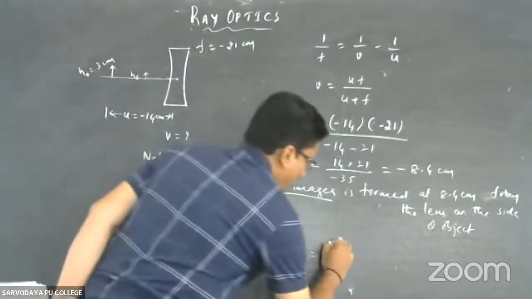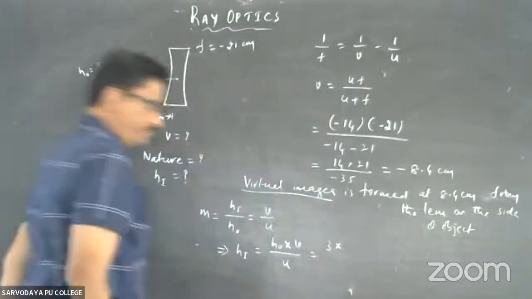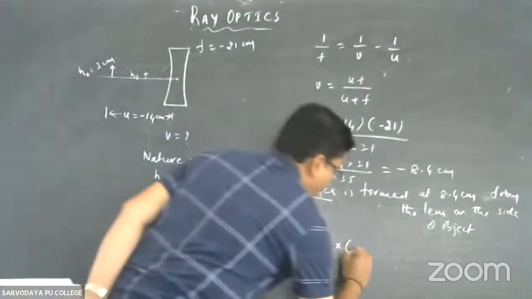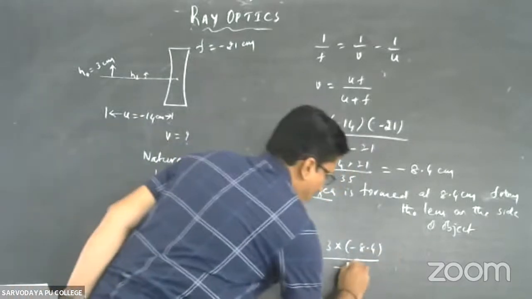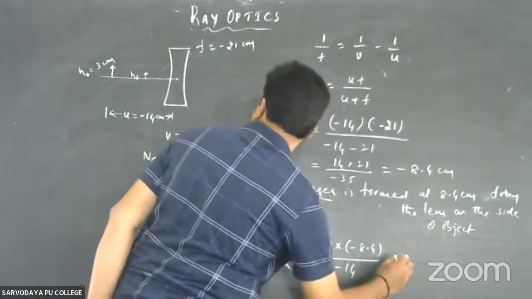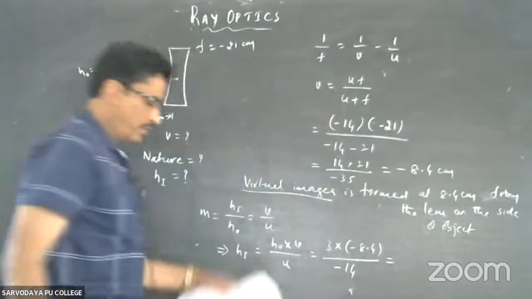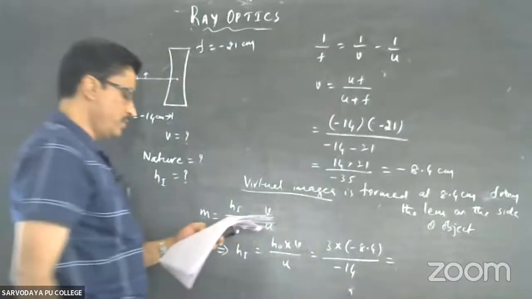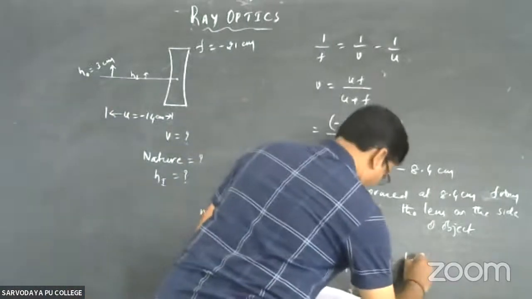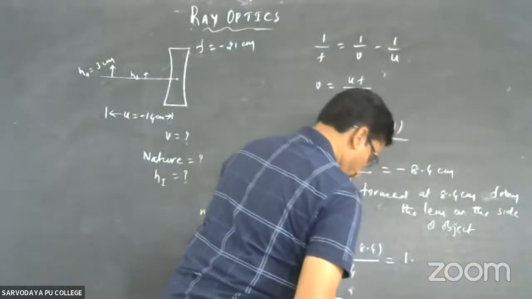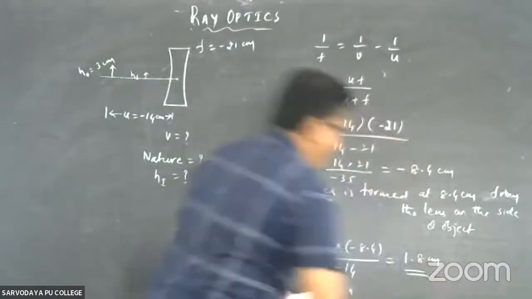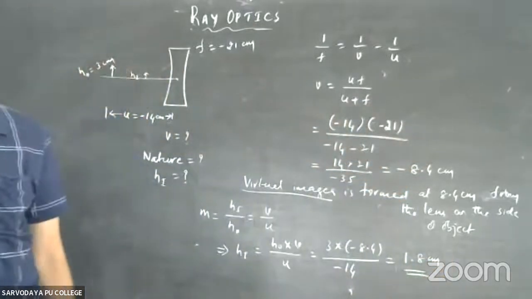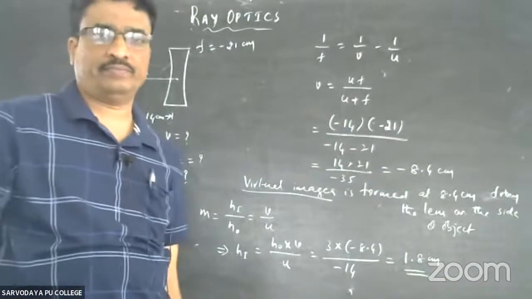For HO, 3 centimeter, v is minus 8.4, u is minus 14. Therefore, it comes out to be 1.8 centimeter.